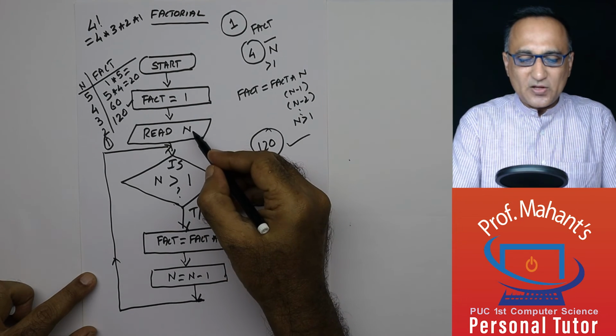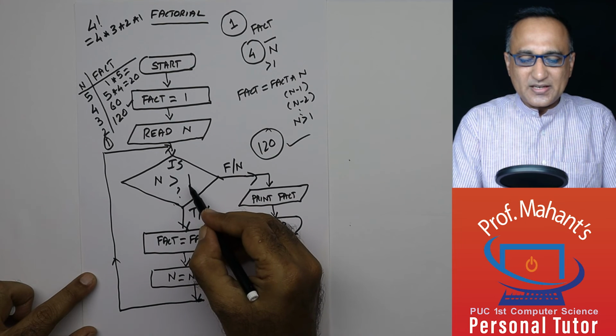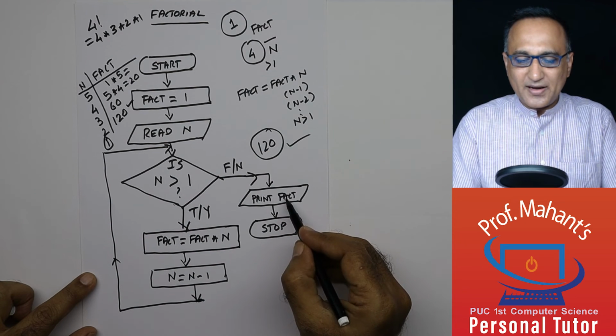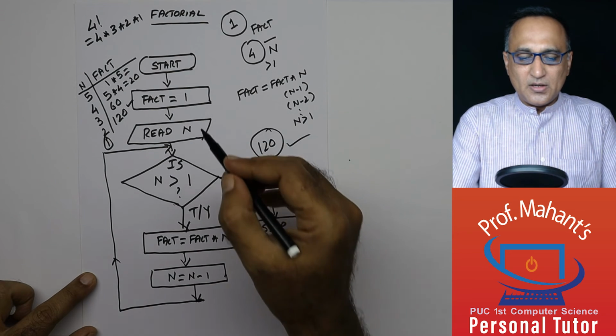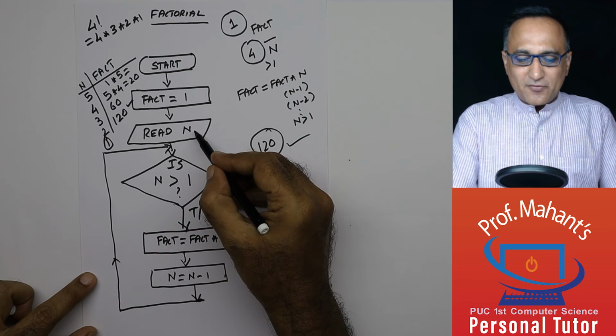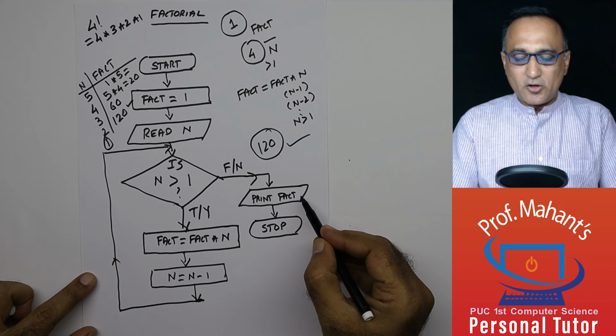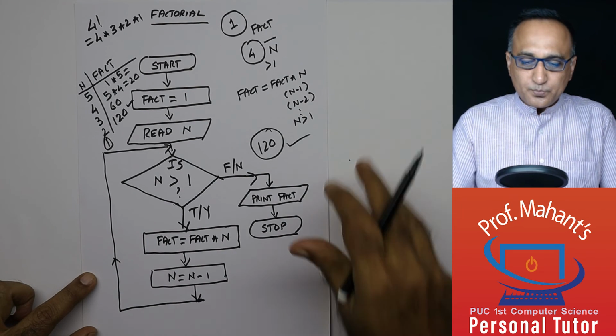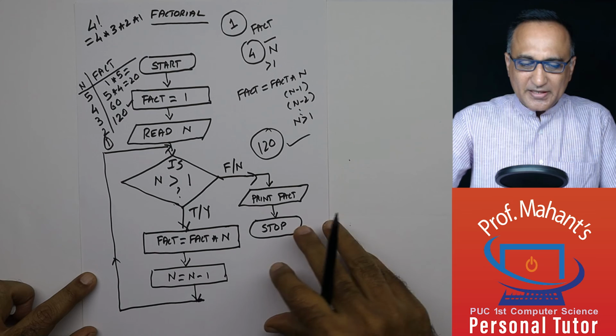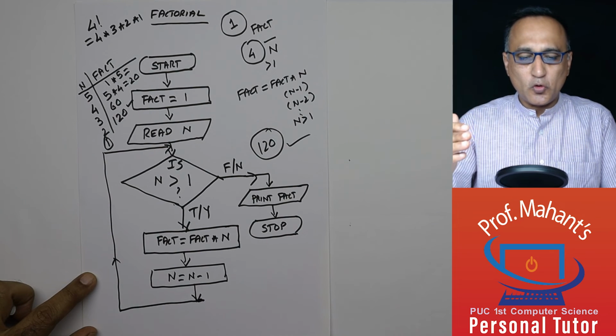Suppose I enter the value of n as 1, 1 is greater than 1 is false, so it will print fact which happens to be 1. Suppose I enter the value of n as 0, 0 is greater than 1 is false, so 0 factorial also prints as 1. So if you take a look at this particular logic, you are good to go.